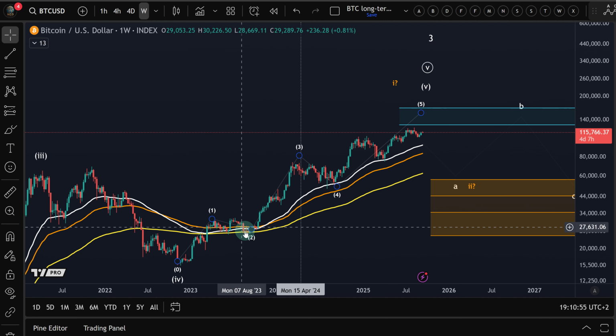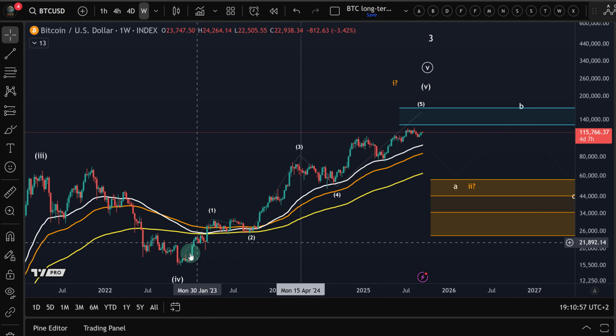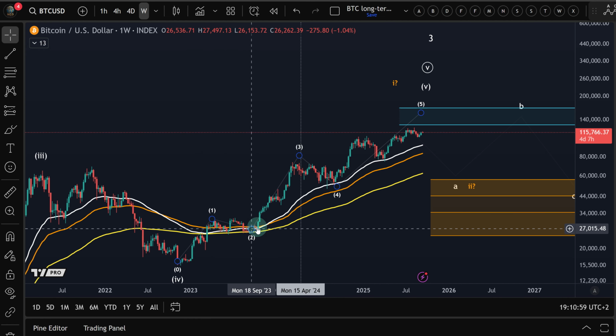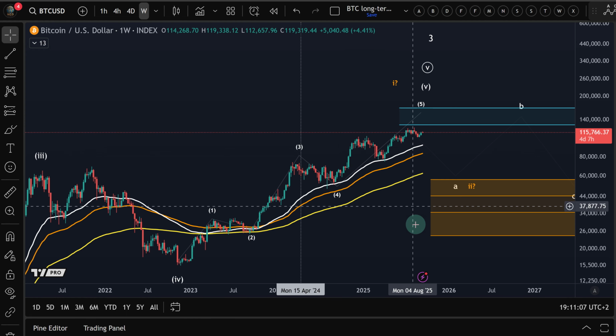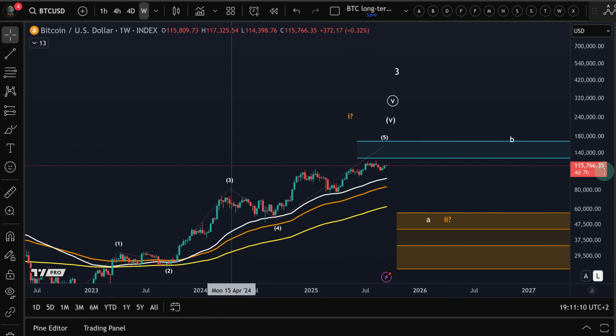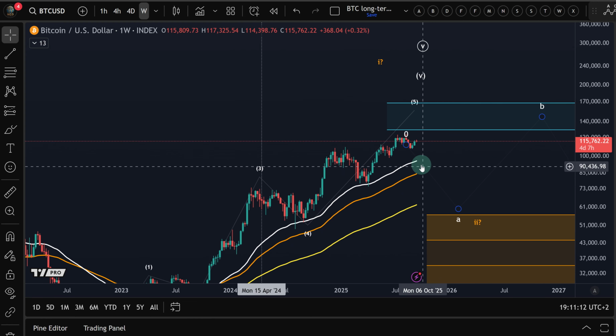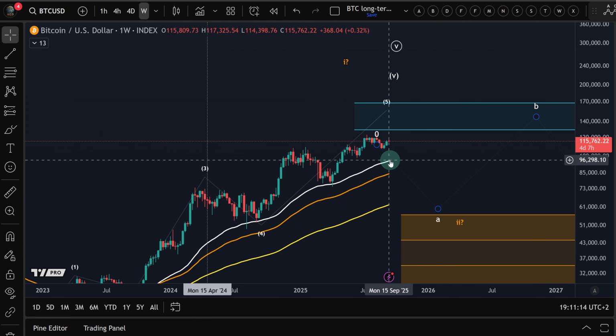But you see that here in 2023, when the bull market started, we retested this support corridor and the price moved up, came down, tested the 55 a couple of times, moved up, tested the 55. Based on what we see here, the 55-week EMA seems to be a very, very relevant one. So from a perspective like that, a test of at least that level is possible at any point.